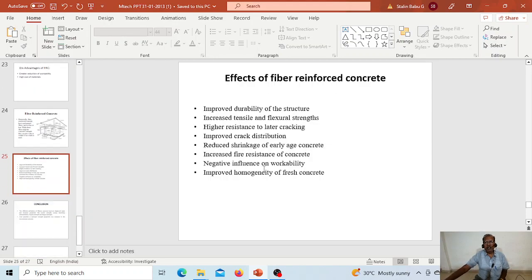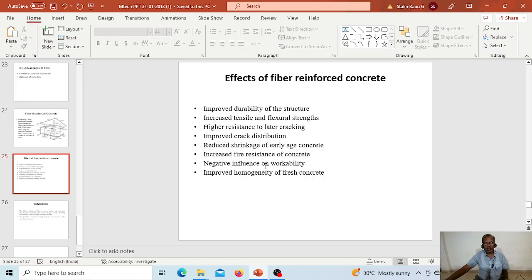Effects of fiber reinforced concrete. First, improved durability of the structure. Actually, conventional concrete will give good strength, but durability of the structure improves when you are using fiber reinforced concrete. Second, increased tensile and flexural strength.